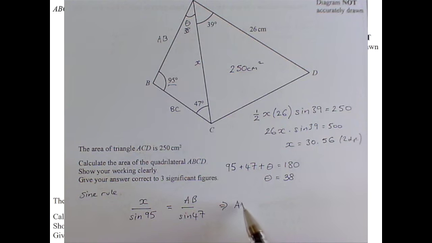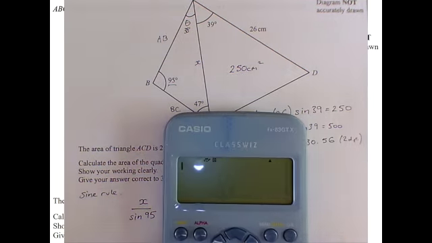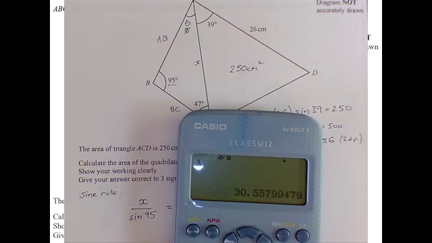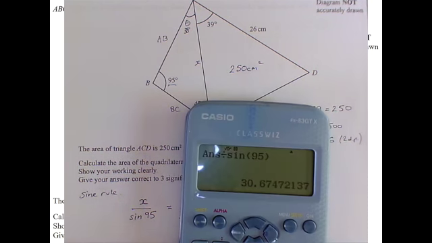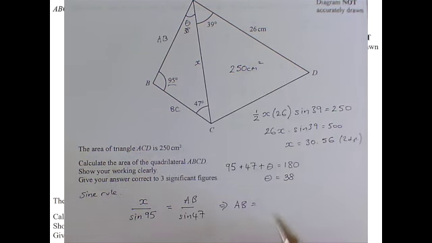And that's going to be the same as memory A divided by sine 95 times sine 47. And that's going to be the length AB. I'll put that into my memory B.